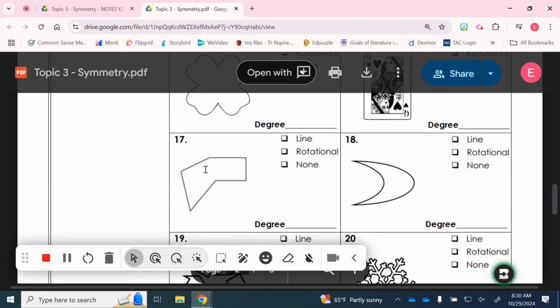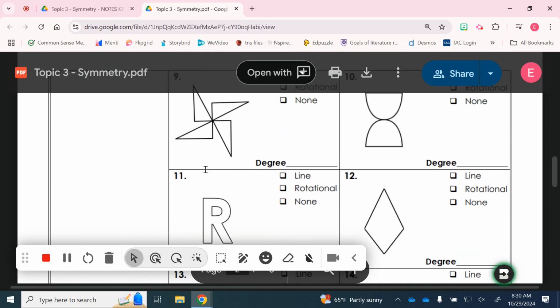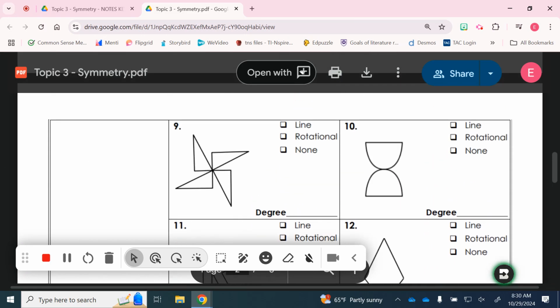It is 1, 2, 3, 4, 5, 6 total. Give those 6 a shot, and then we'll go over them in a minute, okay? 9 through 19, odds only. Not evens, just odds.